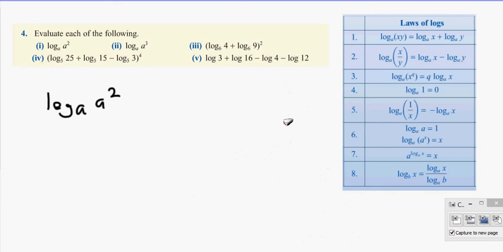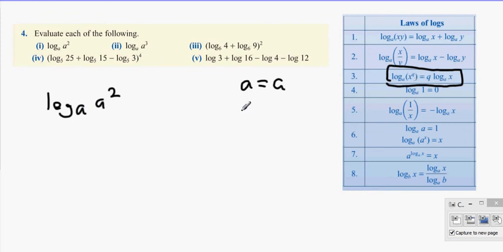There's a rule here. The rule here is this one here. Rule 3. Is everybody looking at rule 3? Yeah? Rule 3 says log base A of x to the power q. So basically A equals A. The A from this matches the A here.